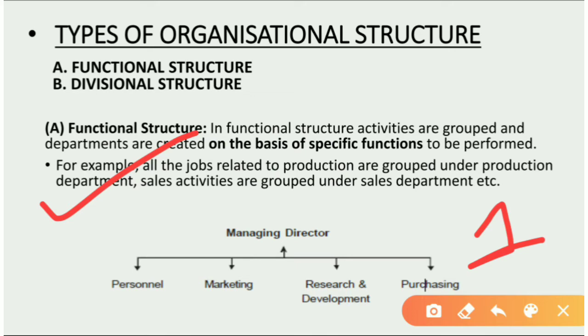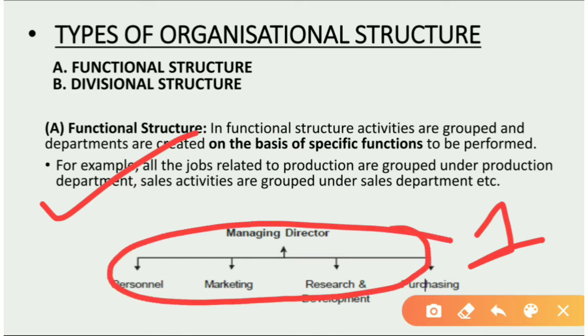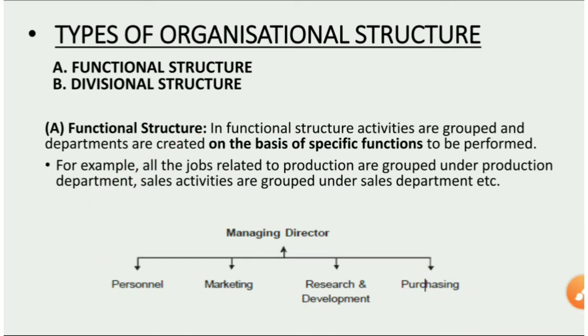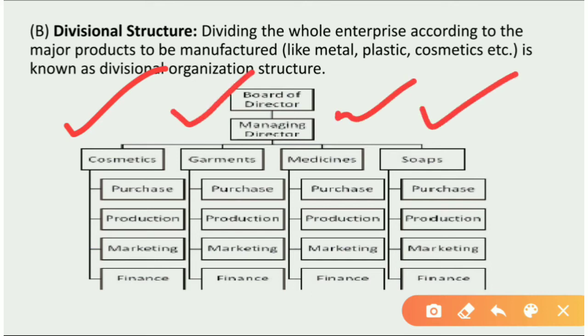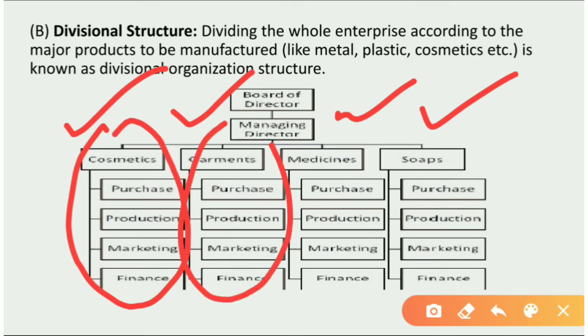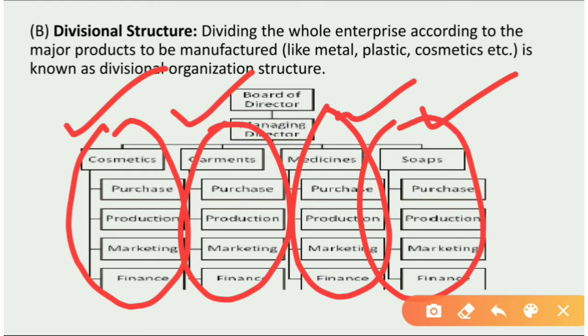Under that one type of product he can make all these departments. Now if the organization is big and deals in more than one type of product, in cosmetics, garments, medicine, and soap, then for each product he has to form different departments: for garments different departments, for medicine different departments, for soap different departments.